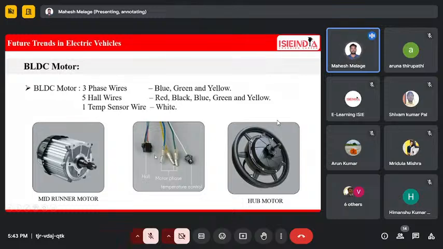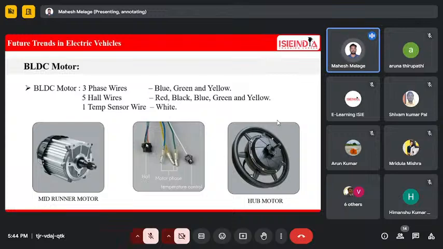Okay, these are the connecting terminals. Basically, the main component is the temperature control pin. These three wires are used in a BLDC motor: Y, G, B, Y is yellow, G is green, B is blue. These three wires are used to supply the motor.